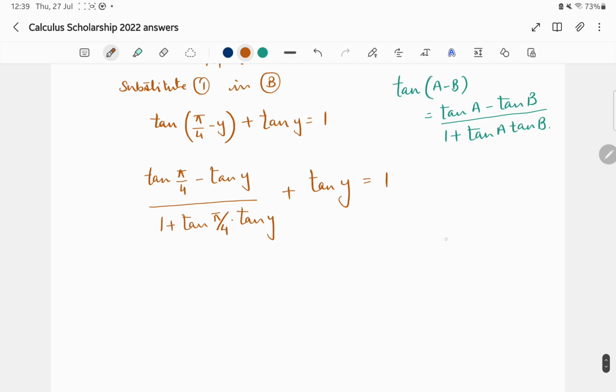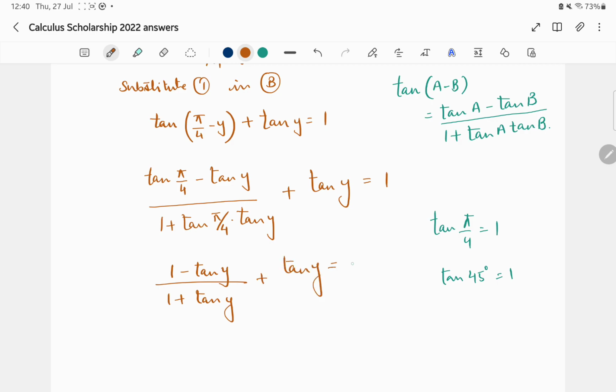Now here we know that tan pi over 4 is equal to 1, all right, because tan 45 degrees is 1. Cool. So let's substitute that here. That will give us 1 minus tan y over 1 plus tan y, since tan pi over 4 is 1. So we are left with that plus tan y is equal to 1.